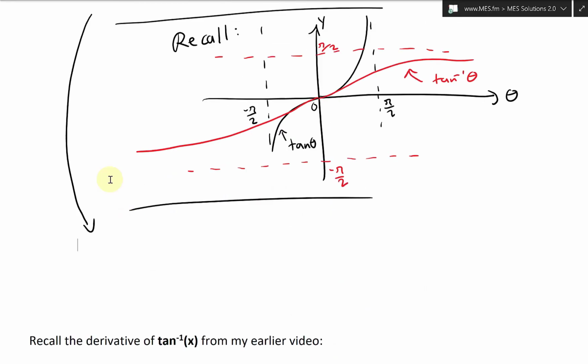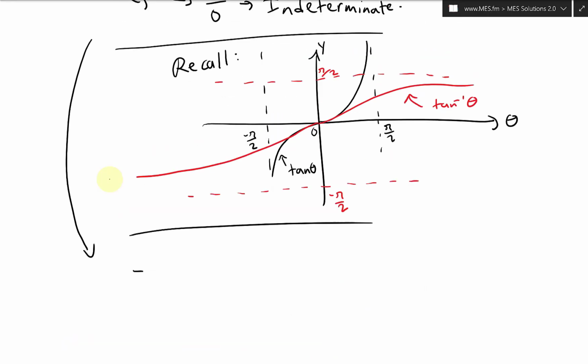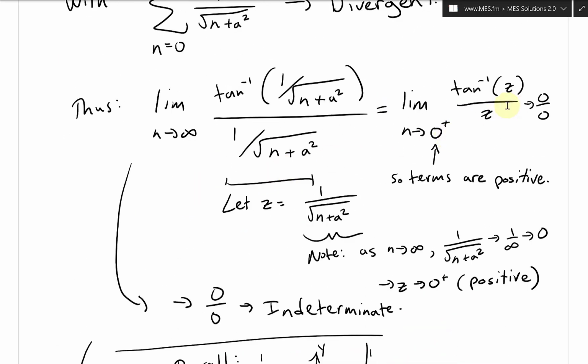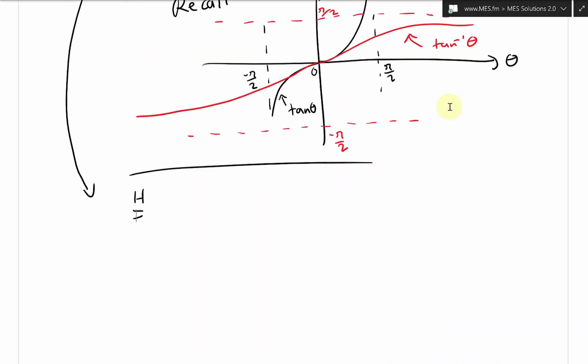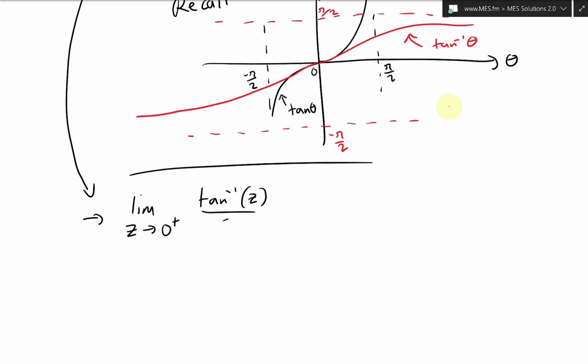So using L'Hopital's rule, this limit right here is equal to the limit as z approaches 0 from the right side of inverse tan of z divided by z.